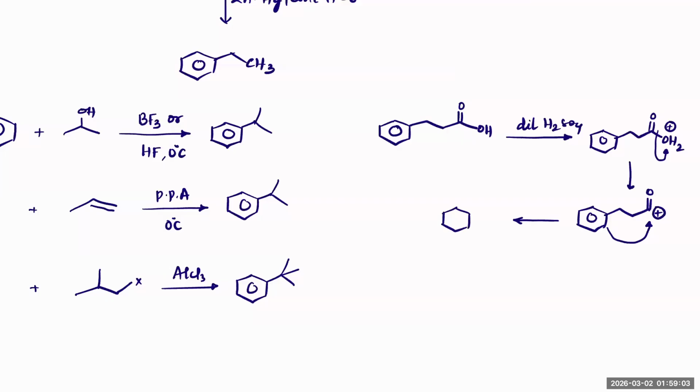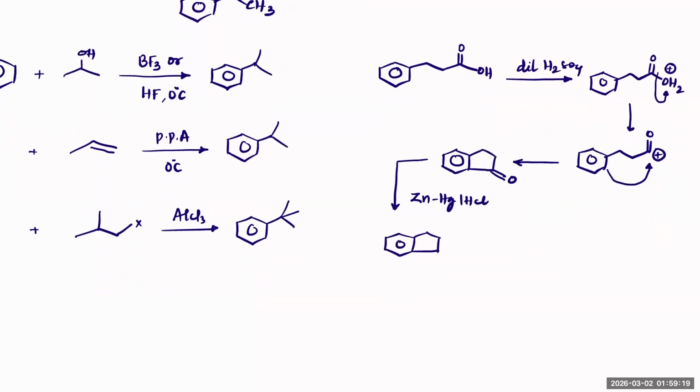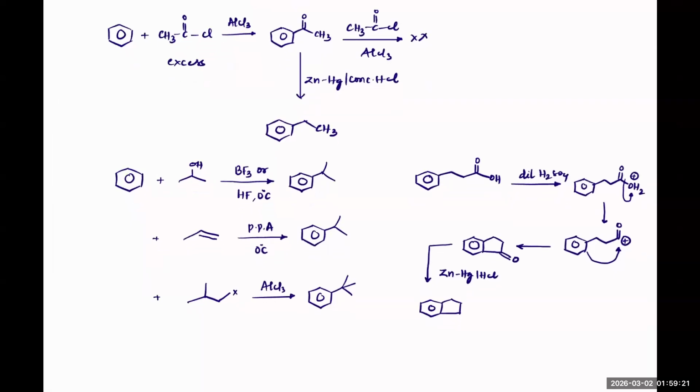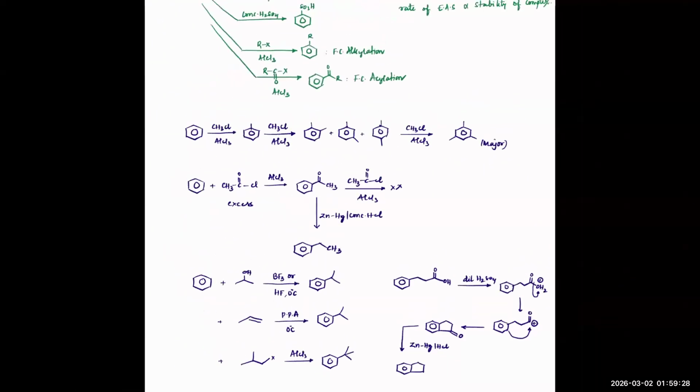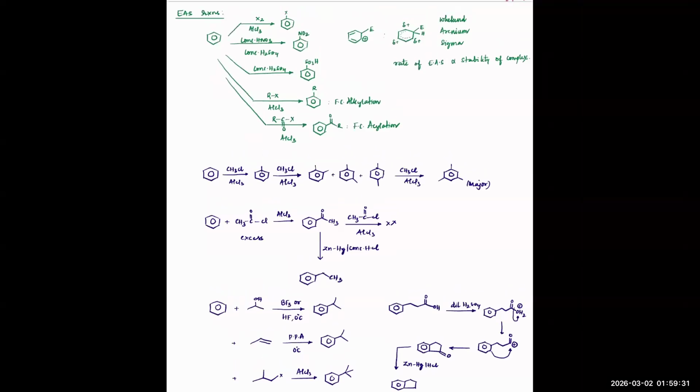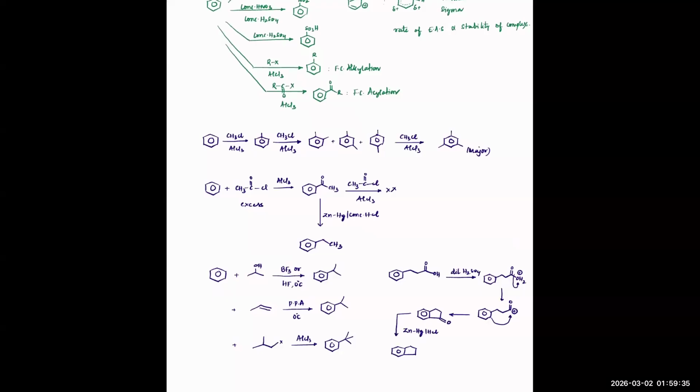A 5-membered ring will be formed here with a double bond O. And this can be further reduced using zinc mercury amalgam, and that keto form will go into the alkyl form this way, right? Internally also we can reduce this product into an alkane. So guys, from the basics of benzene, these are the terms you should know. As part of the preparation, these are the things you should definitely know.